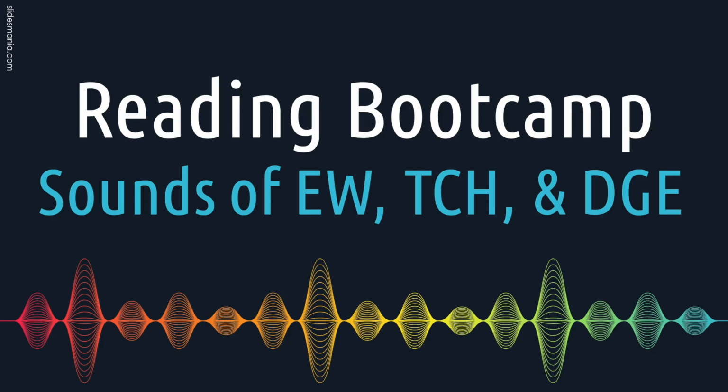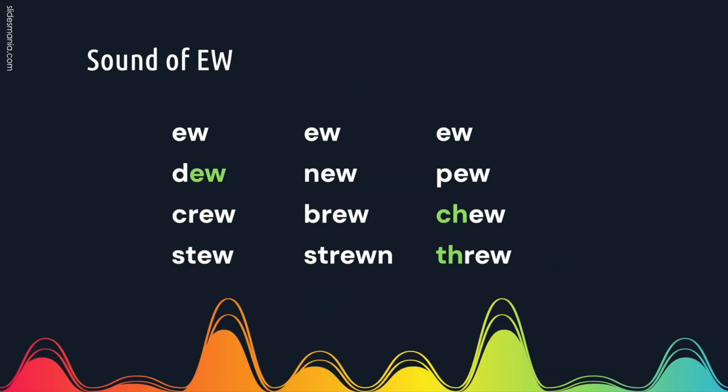We're going to cover the sounds of EW, TCH, and DGE. EW has the sound oo: do, new, pew. Notice in this word, we use the U sound rather than the oo.